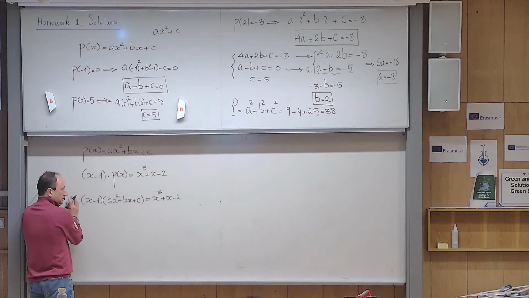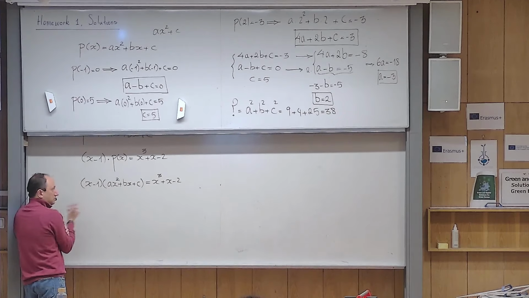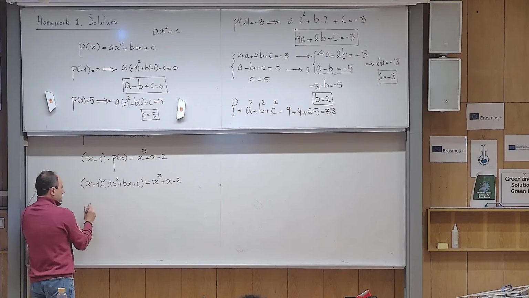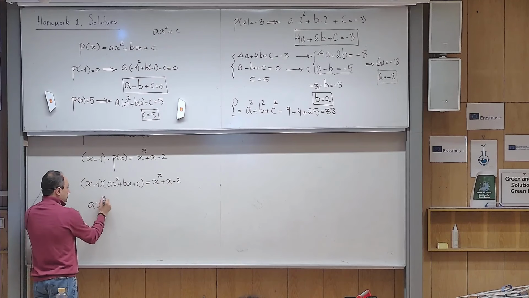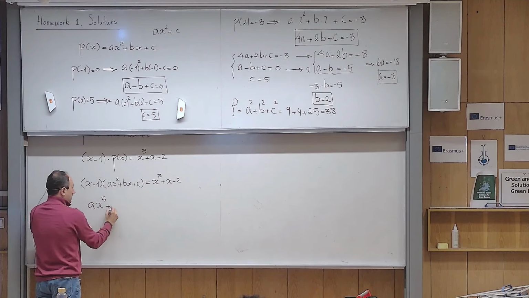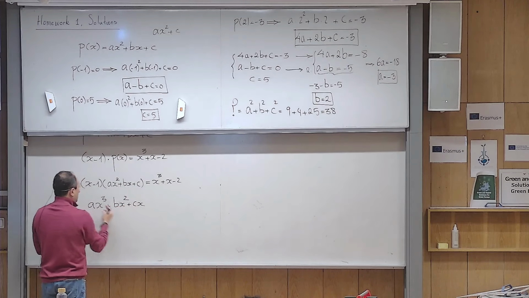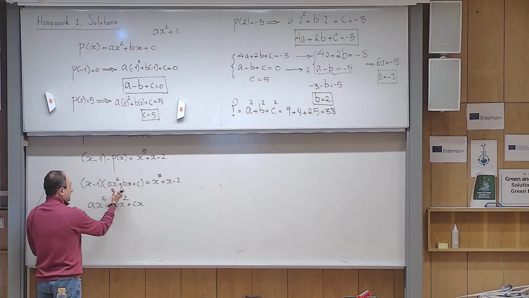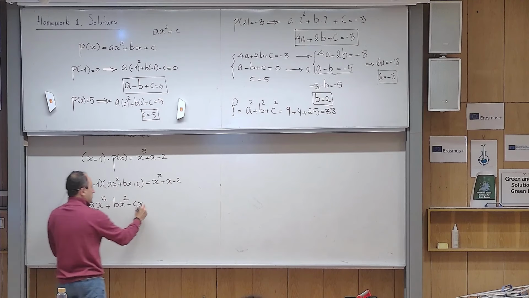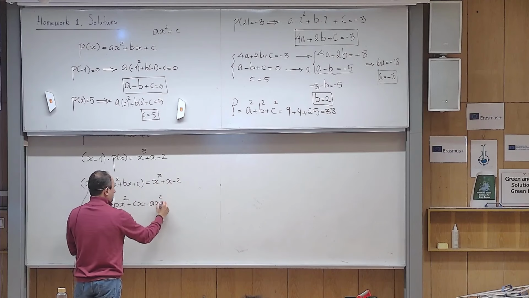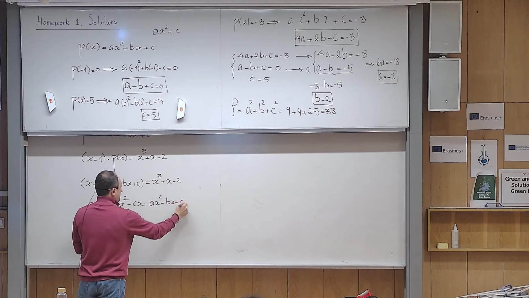I don't know why they repeat it again here, but we follow that. So I multiply this, it becomes ax cubed, and then this multiplied by that, it becomes what? Bx squared, multiply x here, it becomes cx, then I multiply minus 1 here, here, and there. So it becomes minus ax squared minus bx minus c.